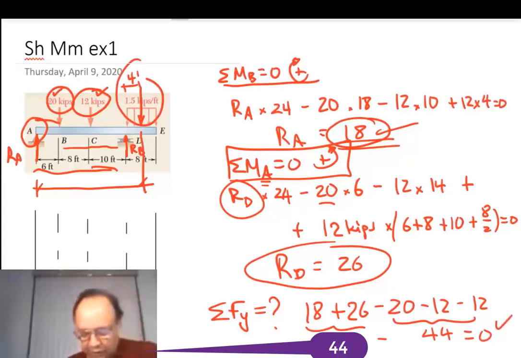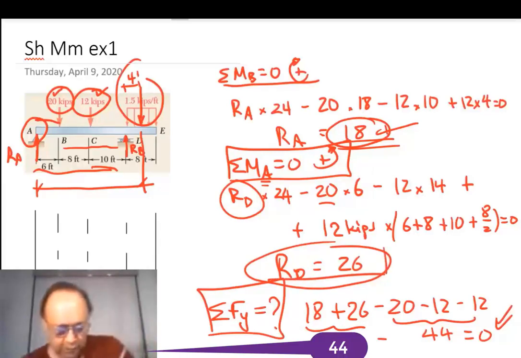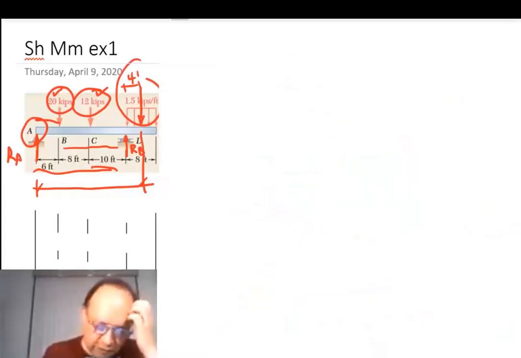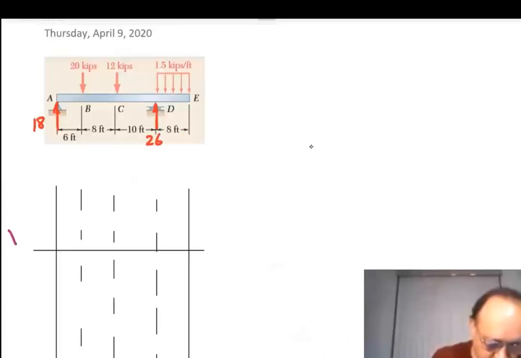So you use the summation of forces in the y direction to check if you did a good job calculating the other two. I always calculate reactions that way in order to make sure that if I make a mistake in one of them, I don't make a mistake in both. Shear diagram.